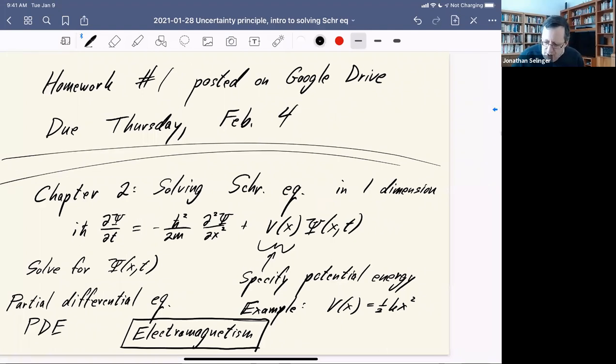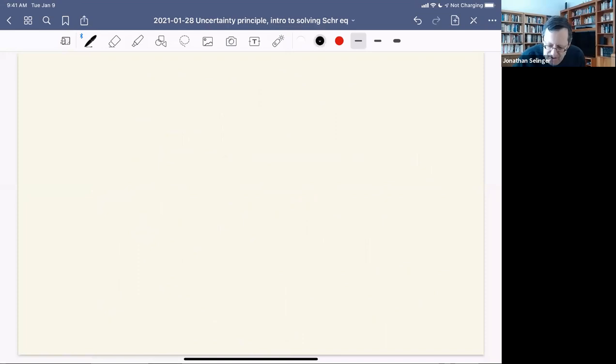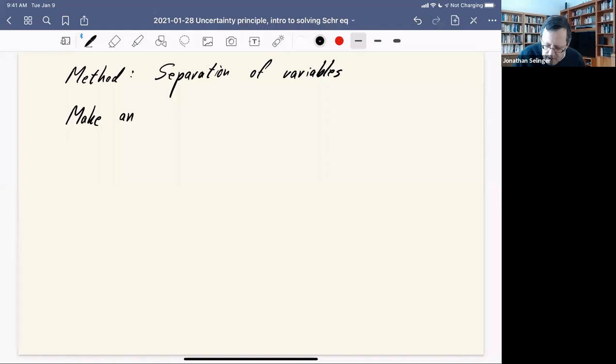Okay, so the method that we want to do to start with is what's called separation of variables. What that means is we will make an assumption for the form of the solution.